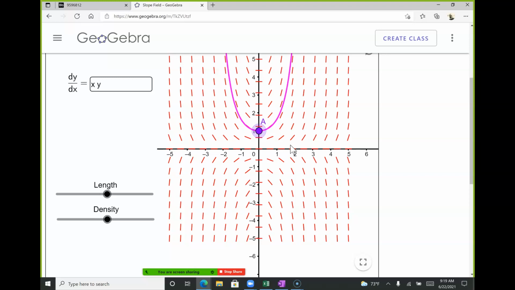Slightly different than the one we were doing yesterday. If you remember, the one we did yesterday had a parabola at the top, a parabola at the bottom, a sideways parabola at the right, a sideways parabola at the left. This one is almost only parabolic everywhere. It's not quite a parabola, but it's close.